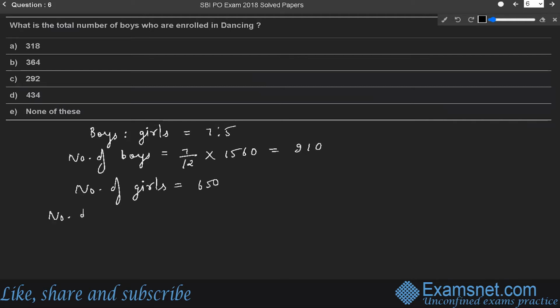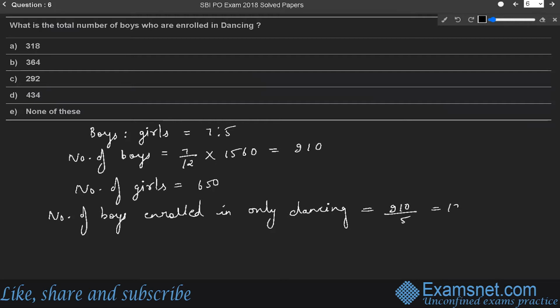Now, number of boys enrolled in only dancing will be equal to 910 upon 5, which is equal to 182.